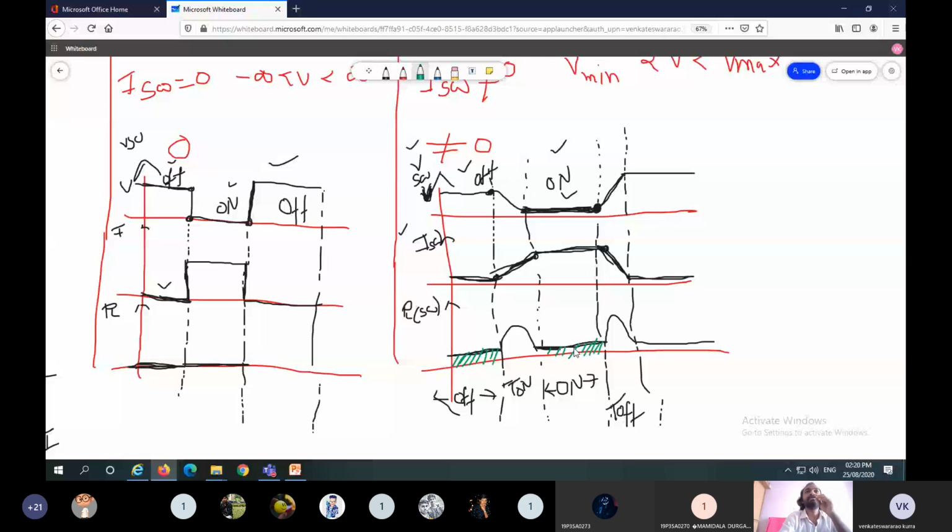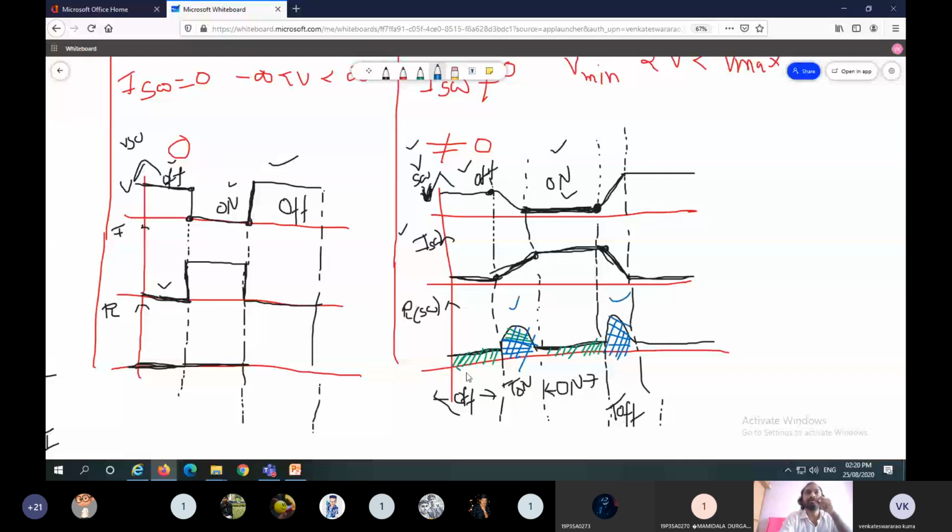And these are transient losses. These losses, both turn on and turn off losses, are known as switching losses. So the total power loss across the switch is equal to the sum of switching losses and conduction losses.